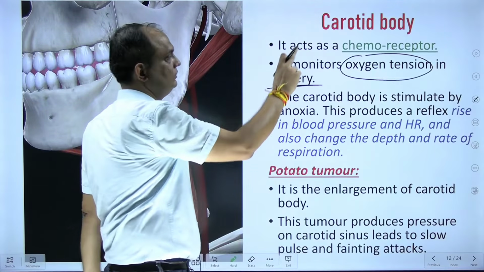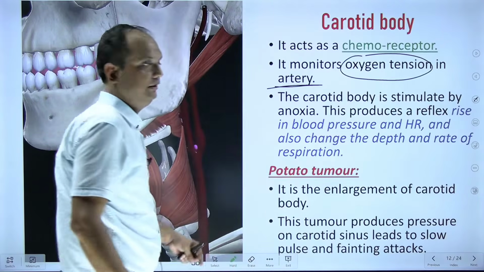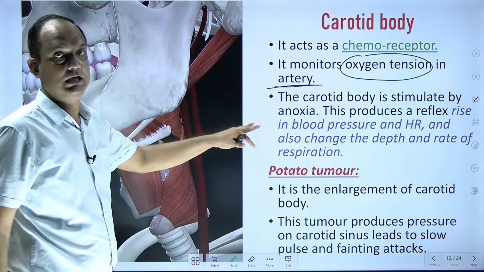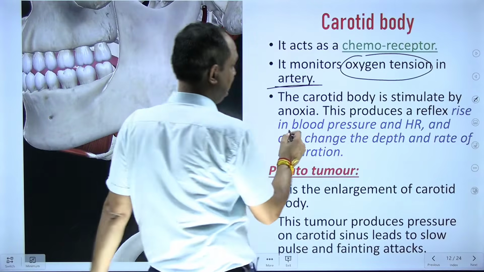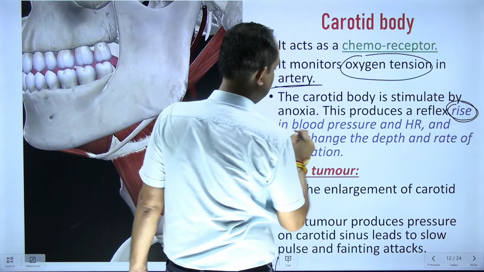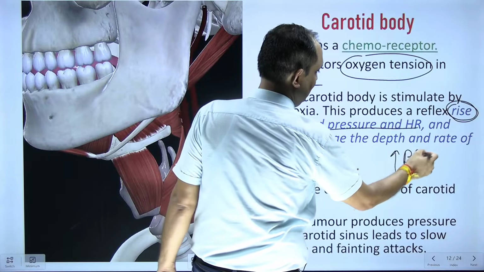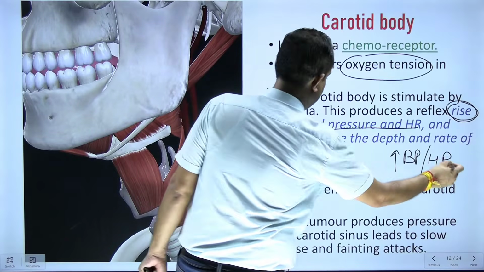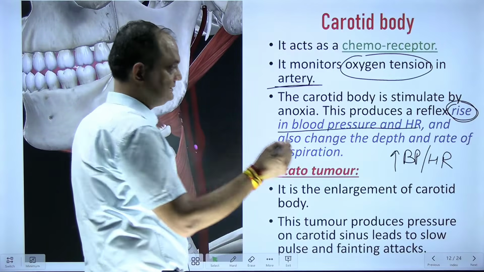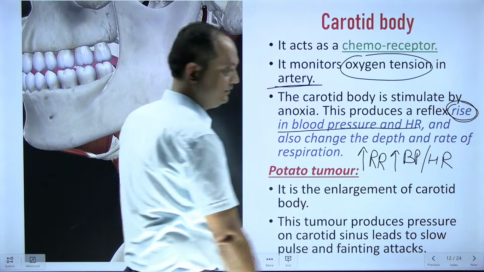So, if the carotid body is stimulated by anoxia, the reflex is that it raises the blood pressure and heart rate, and along with that it increases the depth of respiration as well as the rate of respiration.